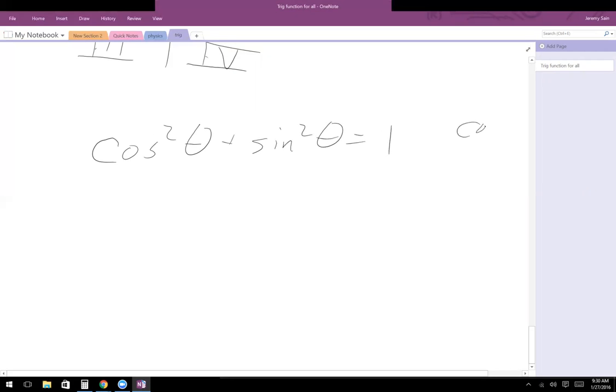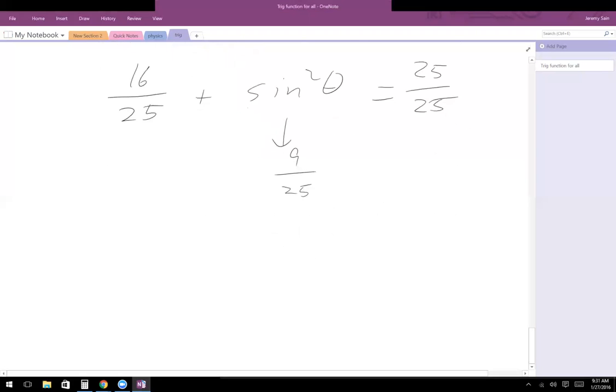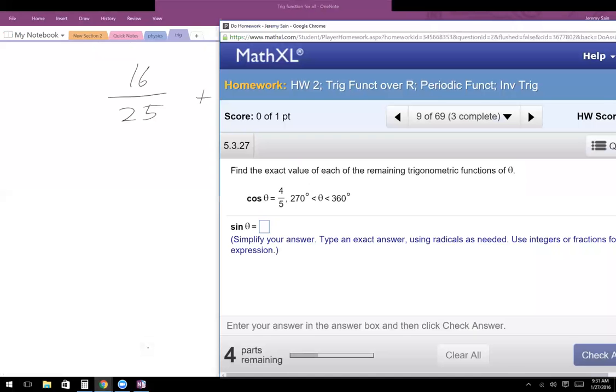Cosine is 4/5, so 16 over 25 plus sine squared is 1, which is 25 over 25. So sine squared is 9 over 25, which means sine should be 3/5. Except we need to figure out whether it's positive or negative.